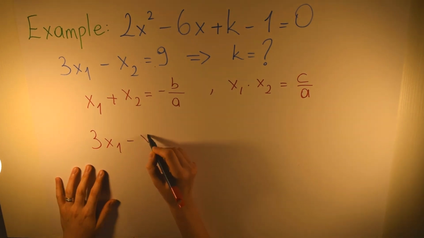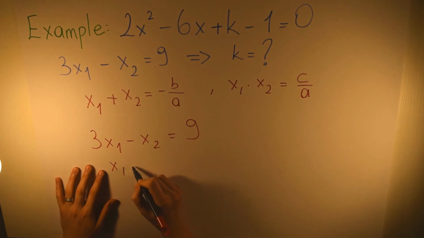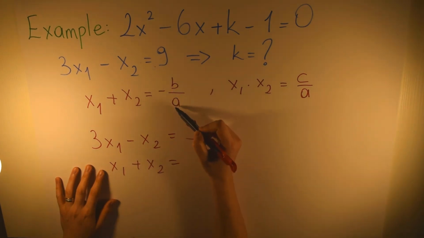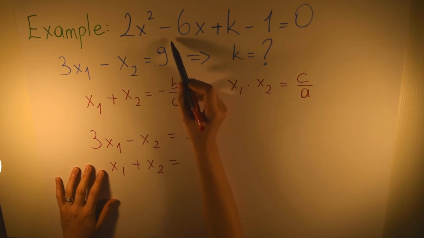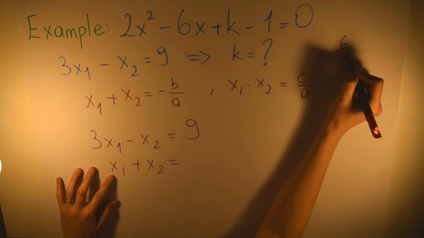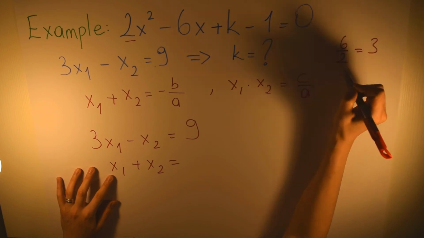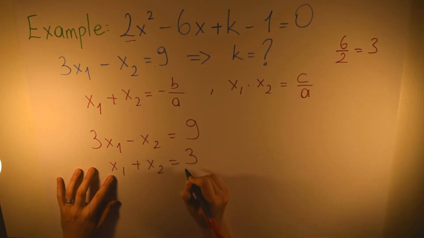3x1 minus x2 is equal to 9, and I know x1 plus x2 is equal to minus b over a, which is minus of minus 6. It becomes plus 6 over 2, because our a is 2, which is equal to 3, right? So this is equal to 3.